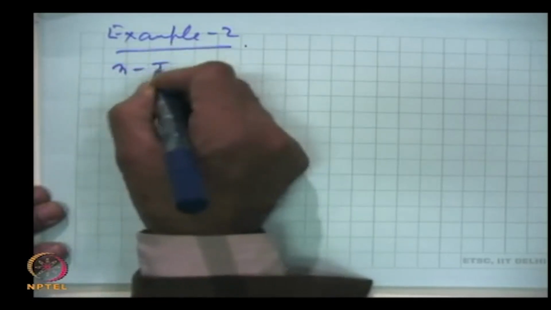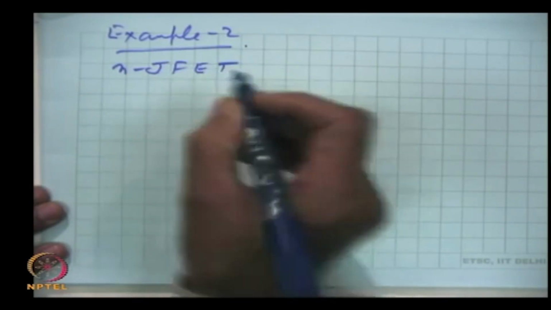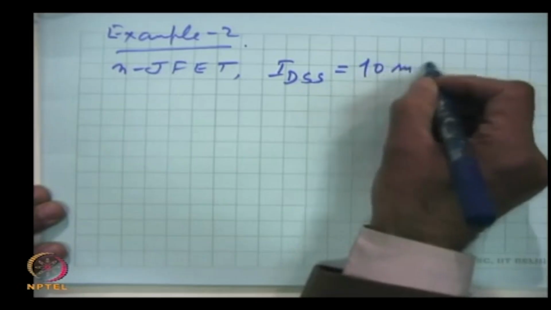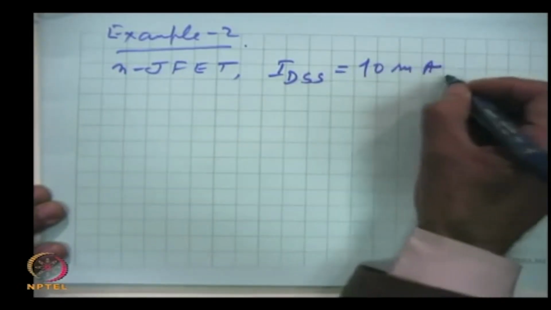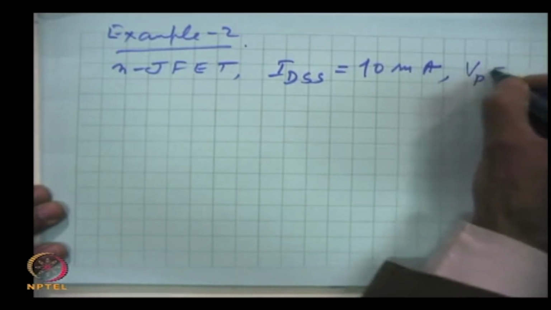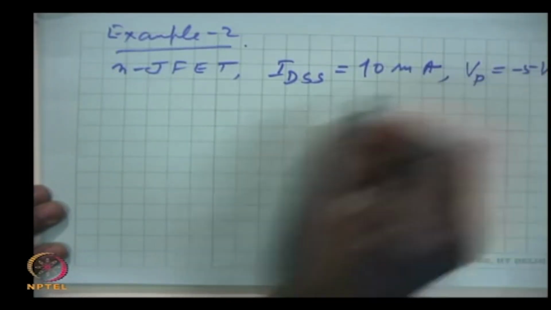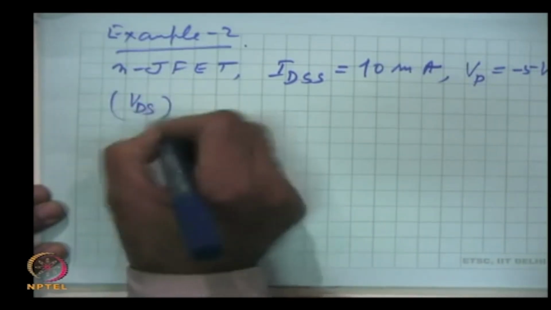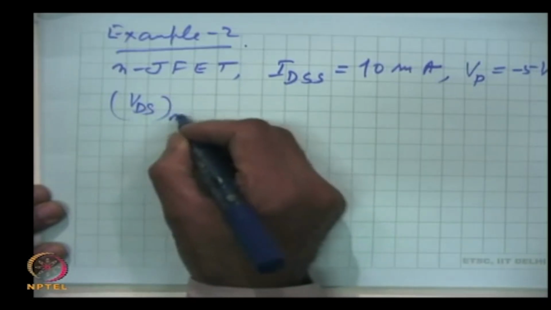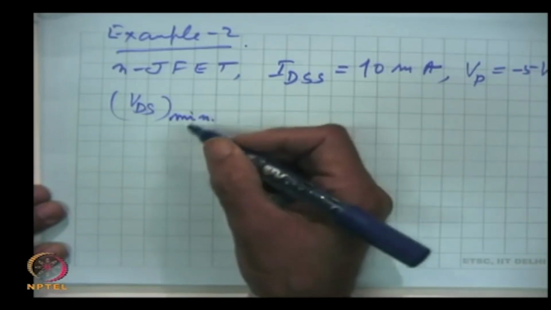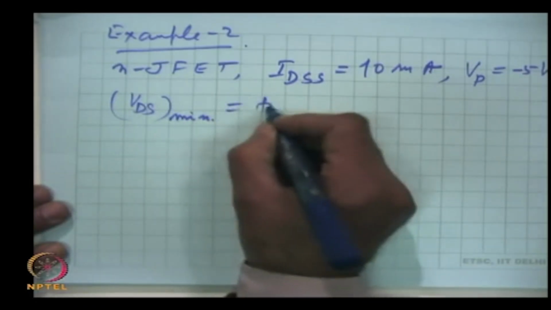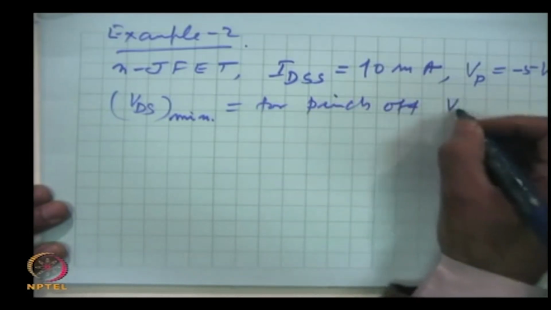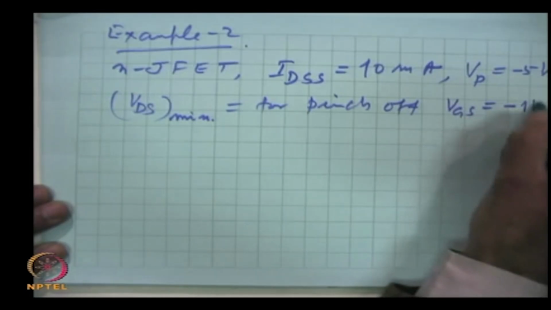Again an N JFET which has IDSS as 10 milliamperes and Vp, the pinch off voltage, as minus 5 volts. Then we have to find out VDS, the minimum value of drain source voltage for pinch off when VGS is equal to minus 1 volt.